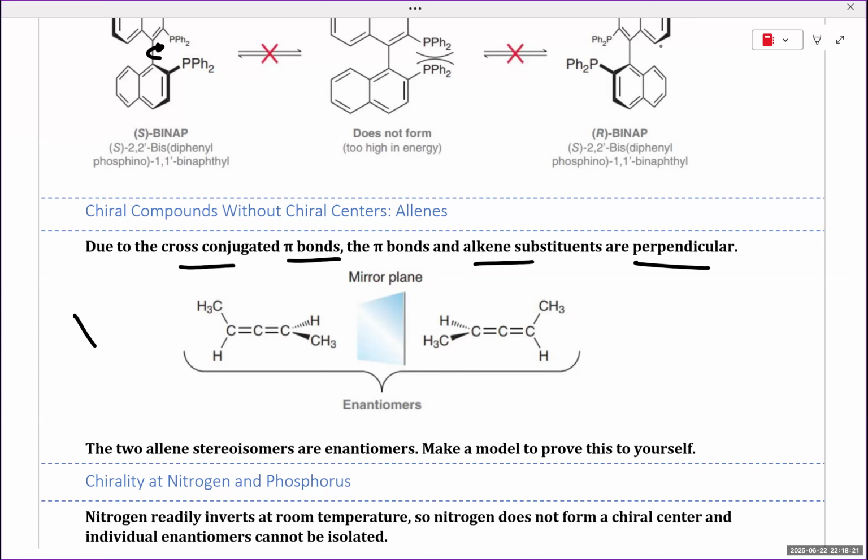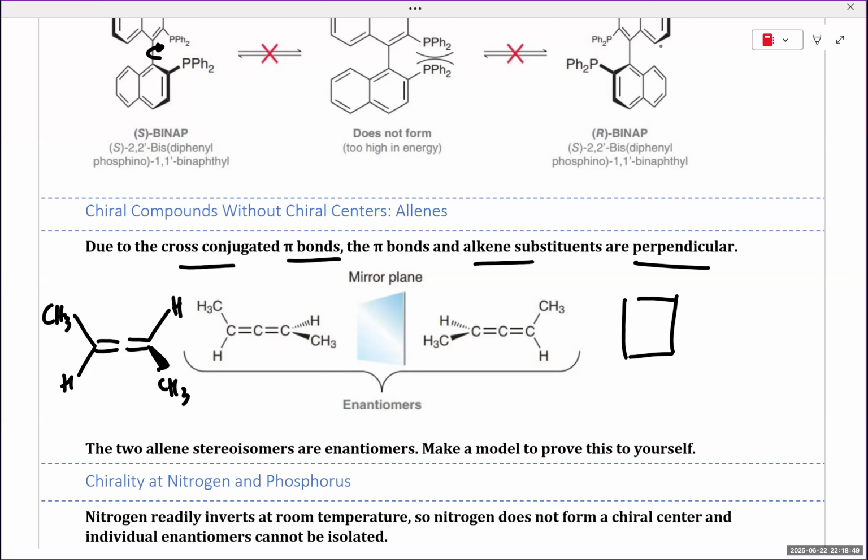So for example, this methyl group and hydrogen are held perpendicular to this secondary methyl group and hydrogen. Because the two pi bonds are cross-conjugated with one another.